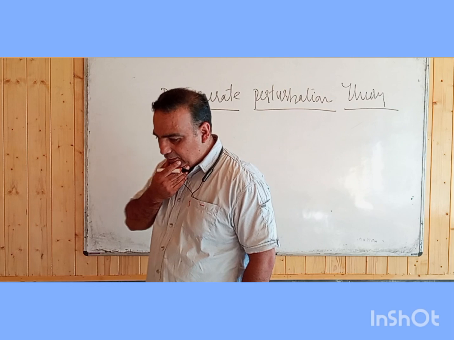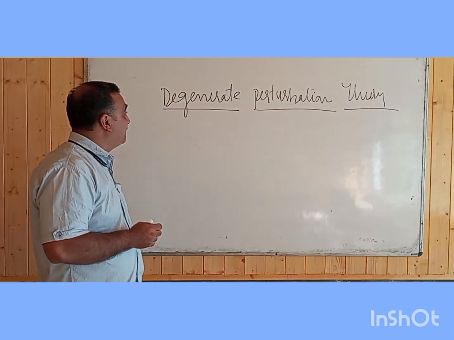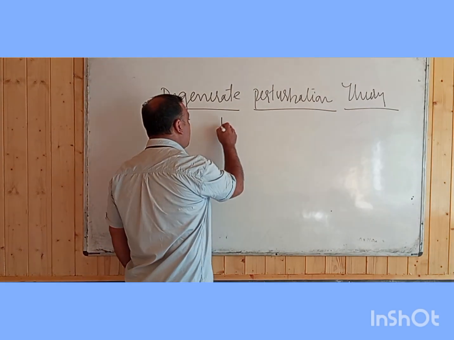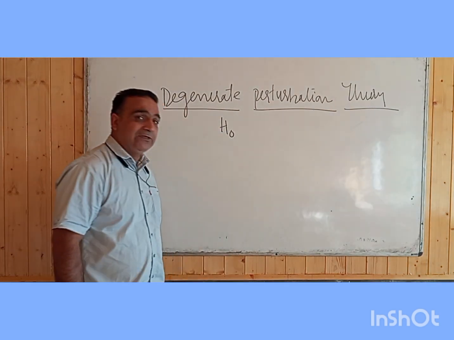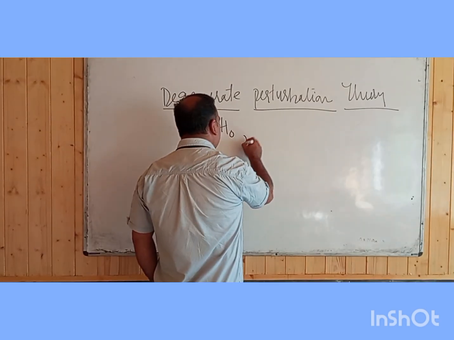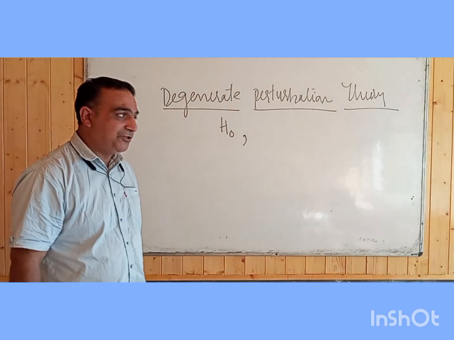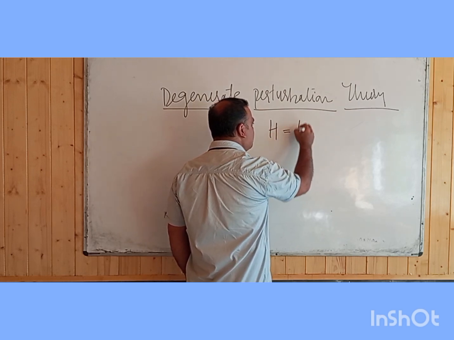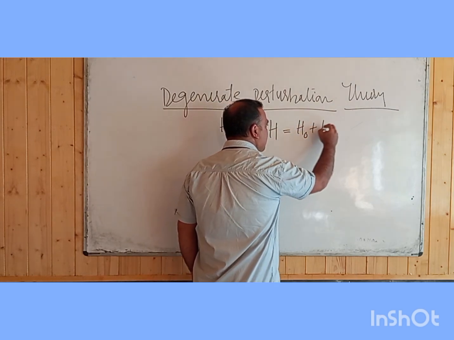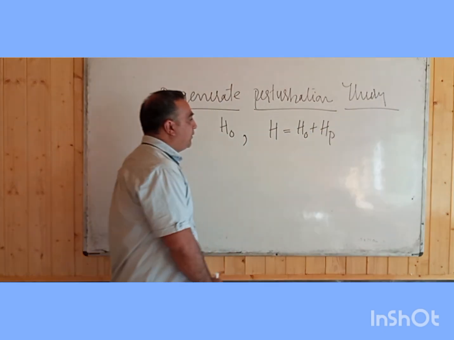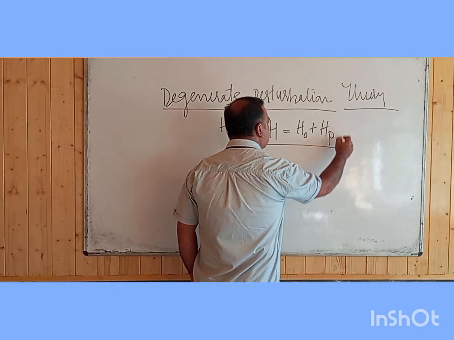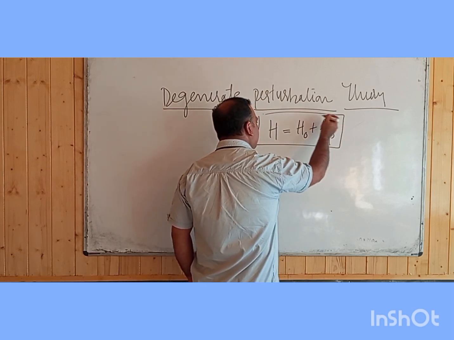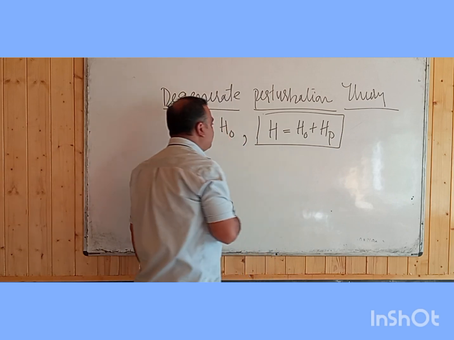So if I start with an unperturbed Hamiltonian, say H naught, and we apply a perturbation to this Hamiltonian, the total Hamiltonian is H naught plus HP, where HP is the Hamiltonian operator for the perturbation, and this is our total Hamiltonian.